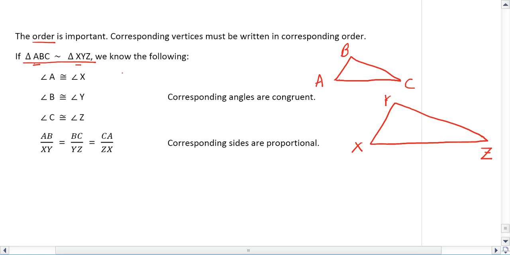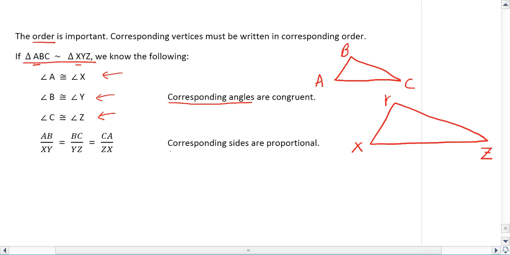So that's what this is saying right here: angle A is congruent to angle X, meaning their degrees are equal. B is congruent to Y, and C is congruent to Z. These are called corresponding angles because they're in the same location in their respective triangles.